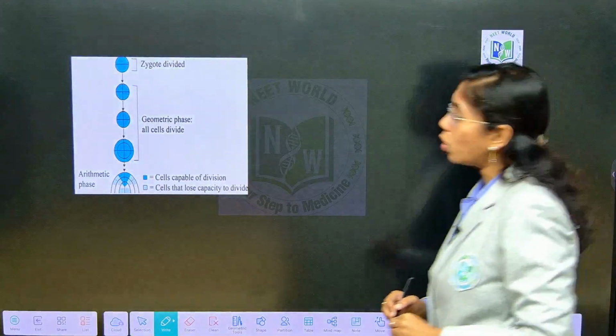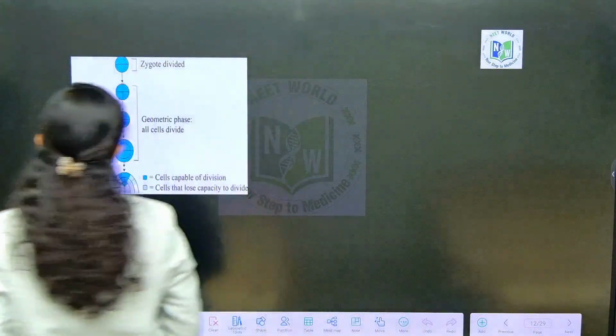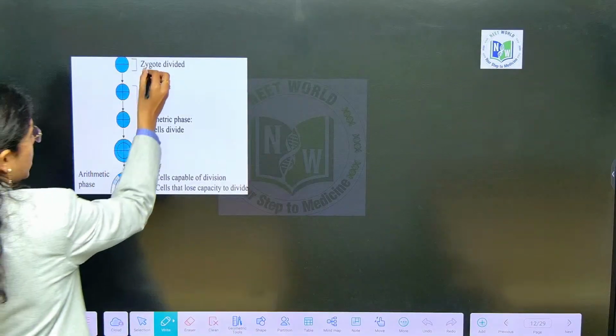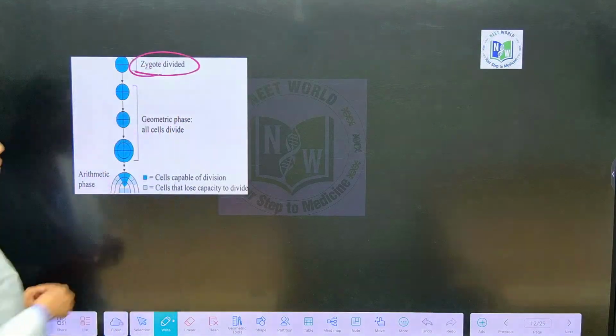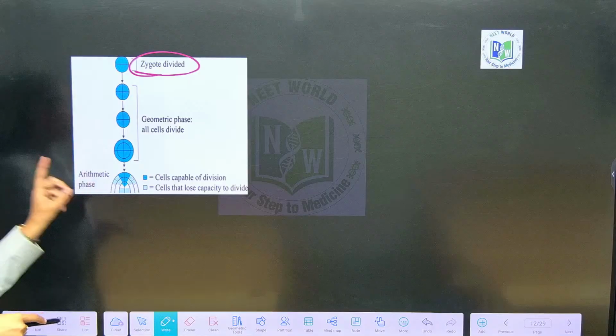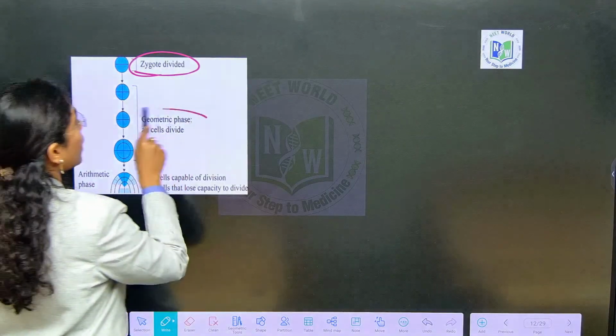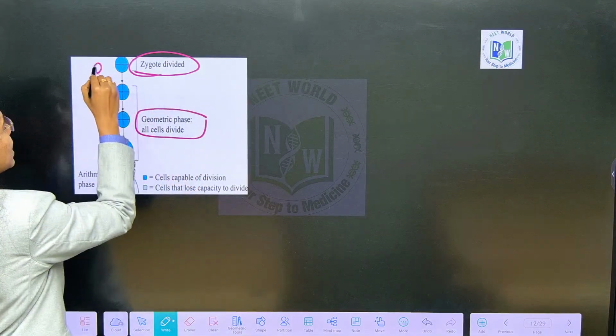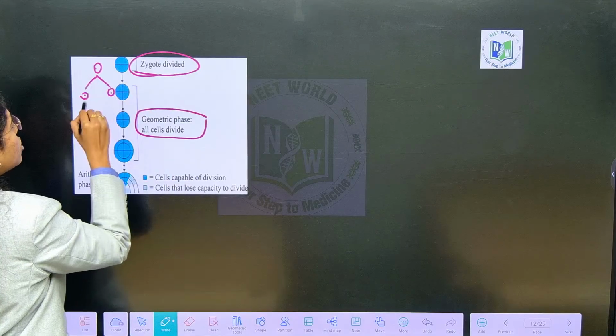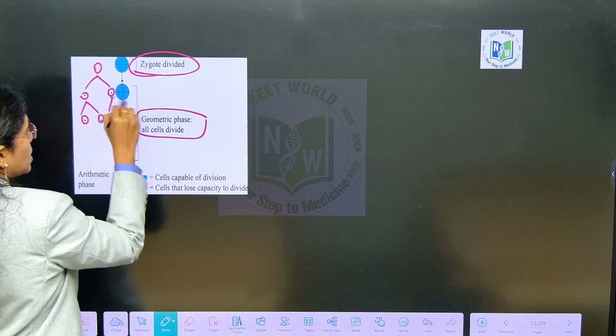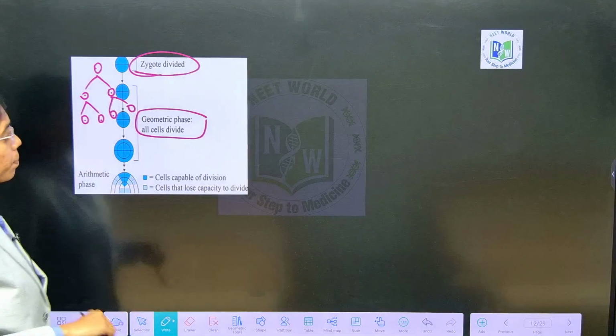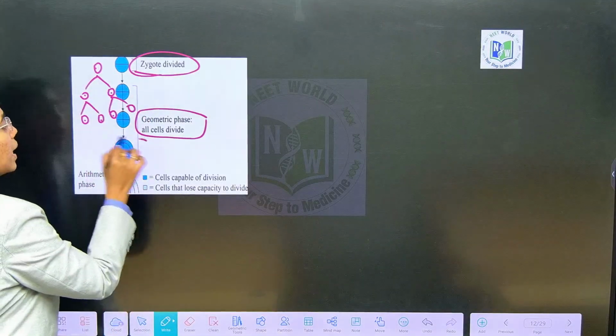Here we go with the first one. If you see the zygote which is dividing, immediately after the formation of a zygote, the first form of growth you will observe is the geometric phase of growth, where the single cell will divide and each cell formed at the end of cell division will start dividing again, and this forms a complete embryo.